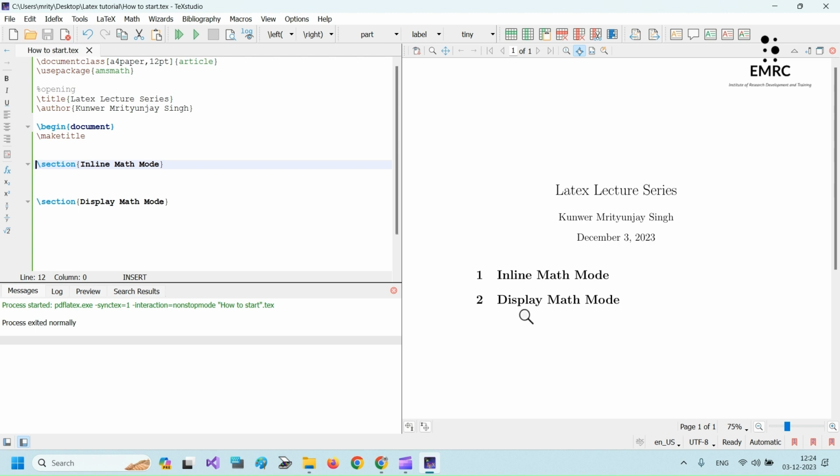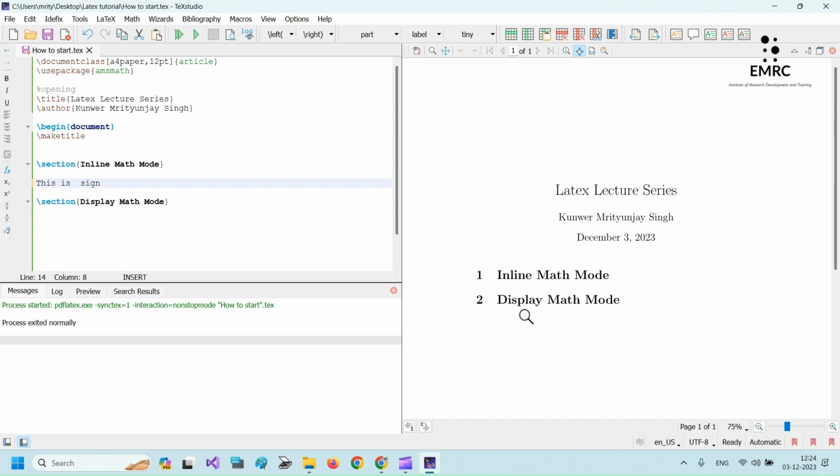Suppose you want to insert some mathematical symbols. One way is to include mathematical symbols with the text. Suppose I write, this is alpha sign. So in the place of alpha, suppose we want to insert the alpha sign.